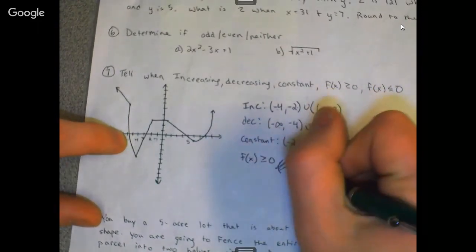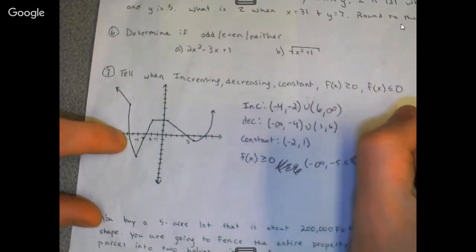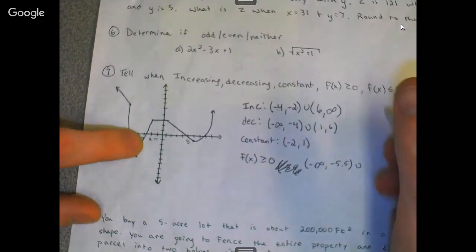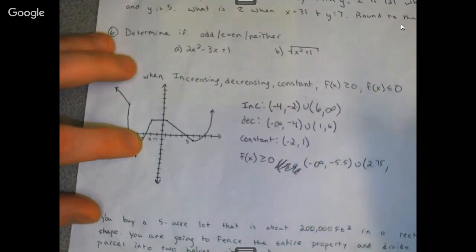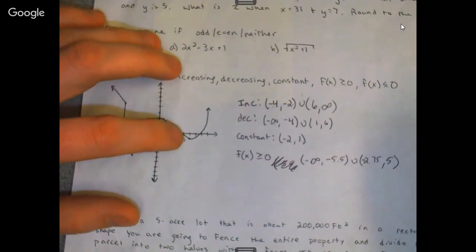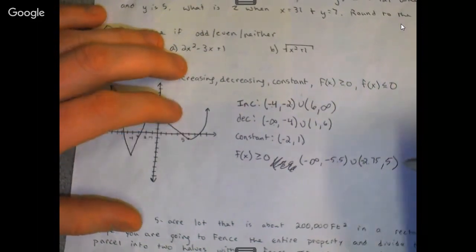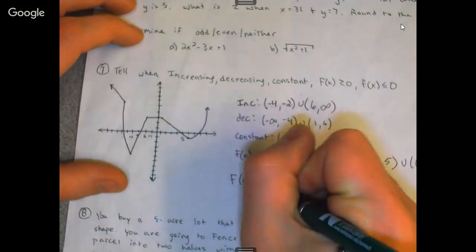That is -infinity to -5.5, union maybe 2.75, -2.75 to 5, and then 6.5 to infinity.